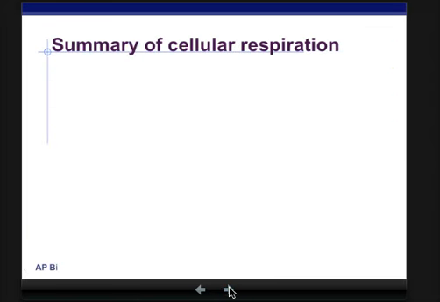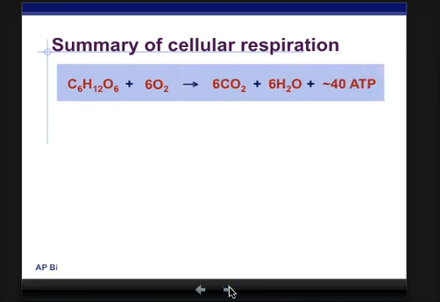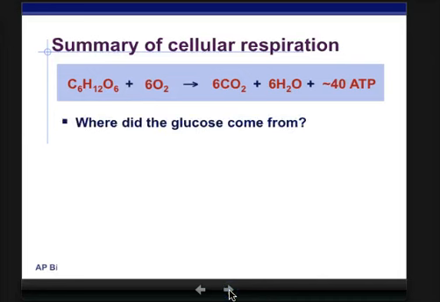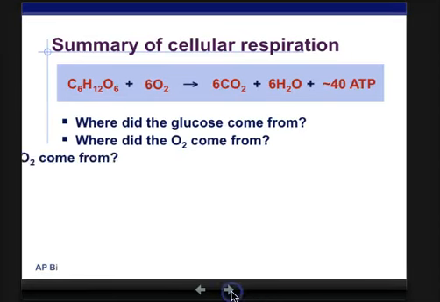Okay, summary of cell respiration. So here's our overall equation, right? Where did the glucose come from? Well, we ate it. Where did the oxygen come from? We breathed it in. Okay. Where did the carbon dioxide come from?